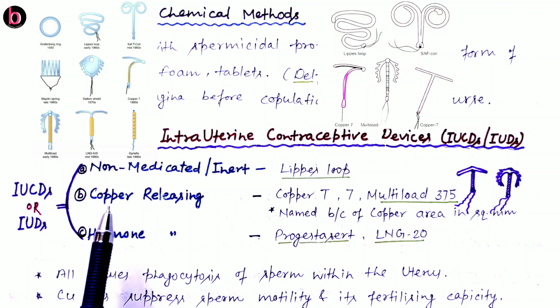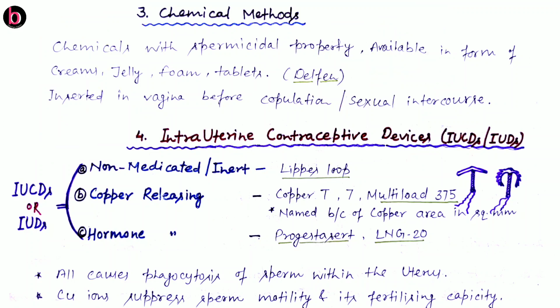Second, copper releasing IUDs especially suppress sperm motility by their copper ions, and that's why fertilizing capacity is also highly reduced. Next, hormone releasing IUDs additionally make the uterus unsuitable for implantation and the cervix becomes hostile for sperm, meaning there is no additional support for sperm to reach the egg or ovum.